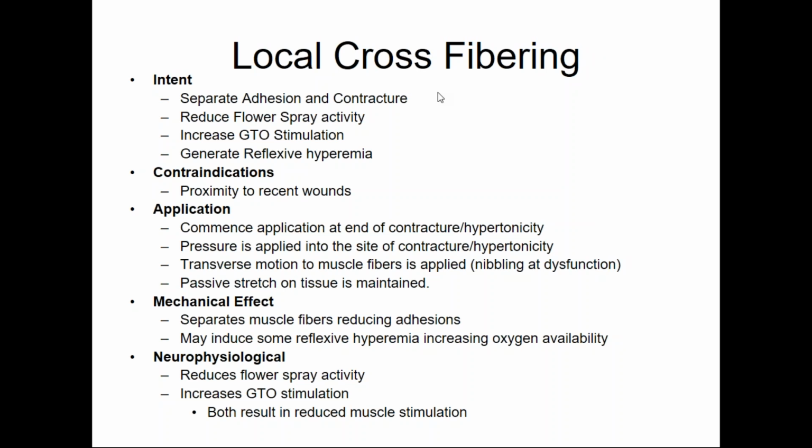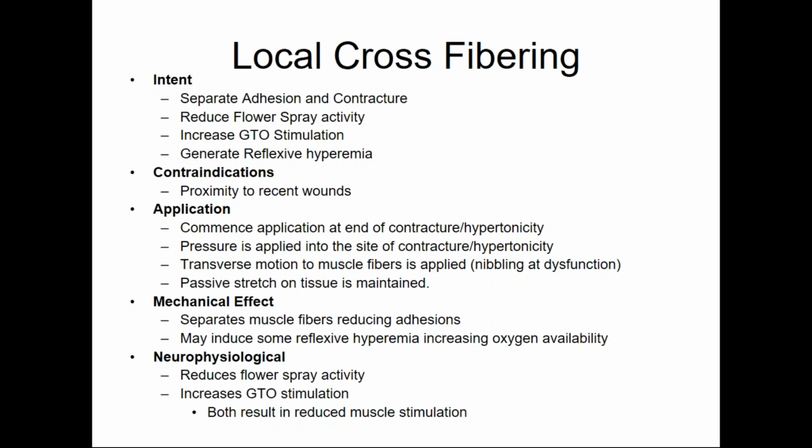So local cross-fibering is going to incorporate tissue adaptation. It's going to incorporate some separation of the muscle fibers from its mechanical effect. And if it's applied close to the tendon, it can generate a GTO firing. But if it's too far away from the tendon, it won't have that effect. And then also, because you're applying pressure down into the tissues, there can be some general reflexive hyperemia.